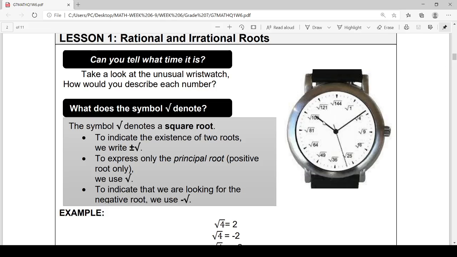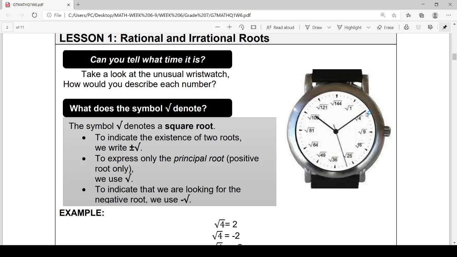That is 10, square root of 100. That is 10, 9, because this is 1, this is 2. That is 5 minutes.